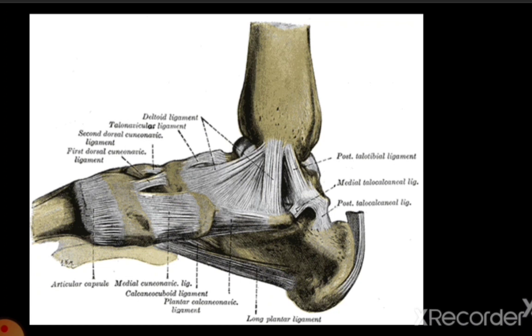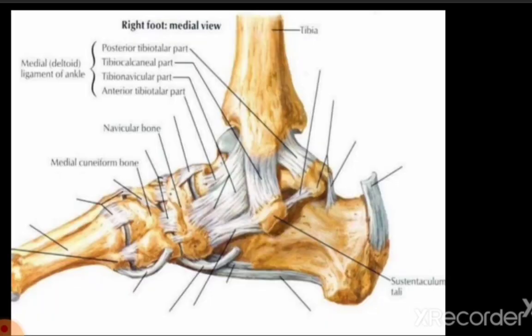So in this diagram we can see the deltoid ligament. It is triangular, that is why it is named as deltoid. Here we can again see the deltoid ligament. The different parts of the deltoid ligament are the posterior tibiotalar part, tibiocalcaneal, tibionavicular, and anterior tibiotalar part. So these are the parts of deltoid ligament.